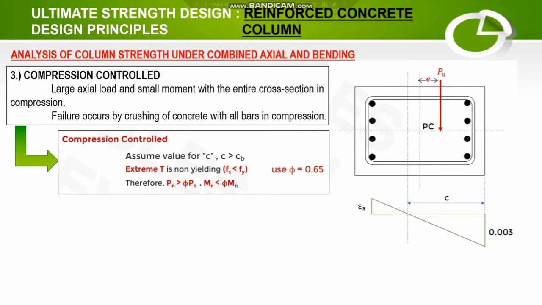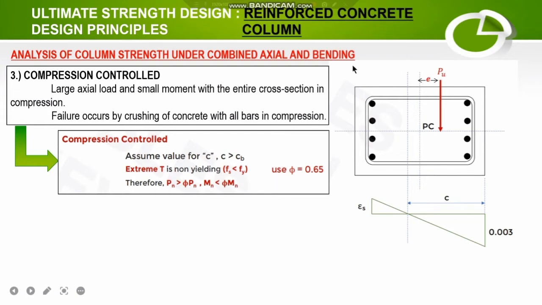Typically, c is greater than cb, and the extreme tensile force is non-yielding. Thus, fs is less than fy. We will use phi equal to 0.65 if it is a tied column. Therefore, Pn is greater than phi Pn and Mn is less than phi Mn.